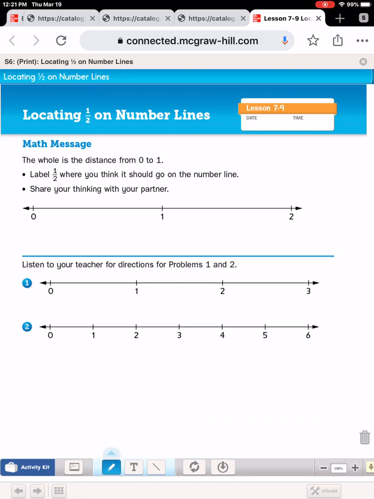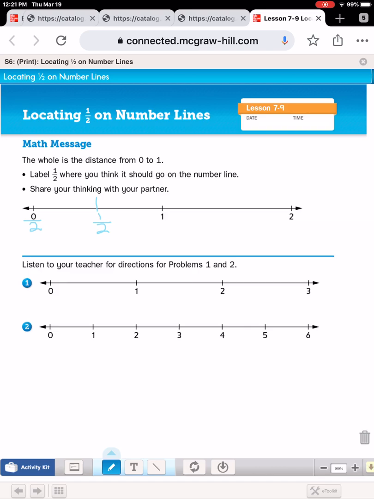All right, right here, halfway between 0 and 1 is where you should have marked and labeled 1/2. If you didn't put your label there, go ahead and switch it now. 1/2 is always going to be between 0 and 1. Then if I wanted to label the other halves on this number line, starting at 0, I would say 0 halves.